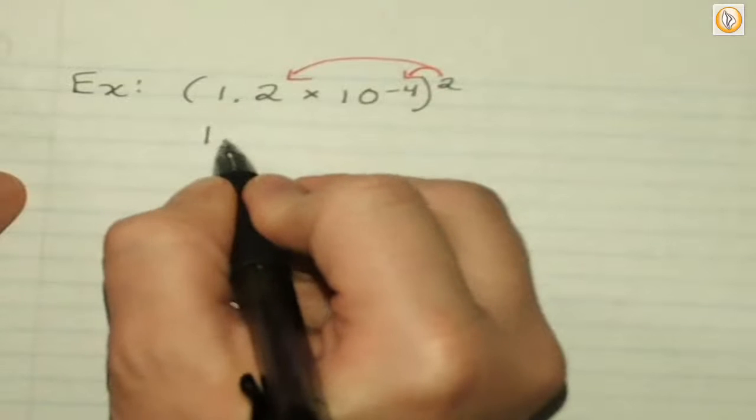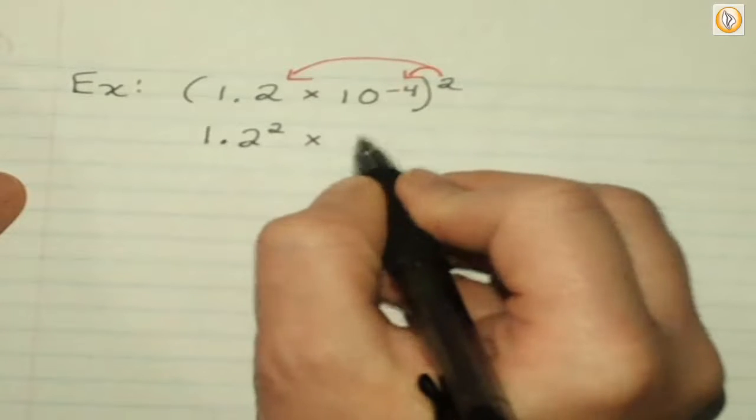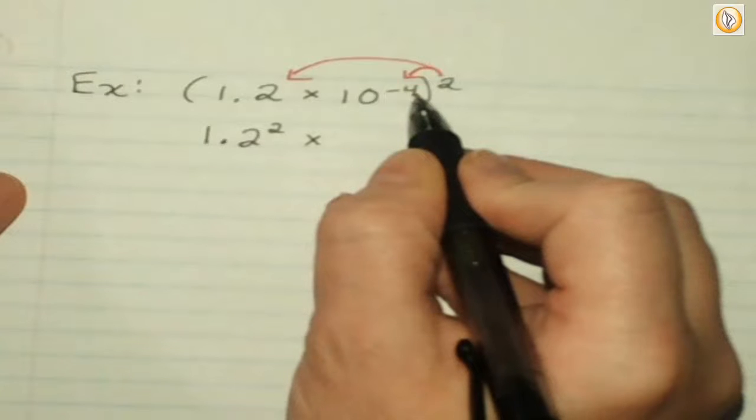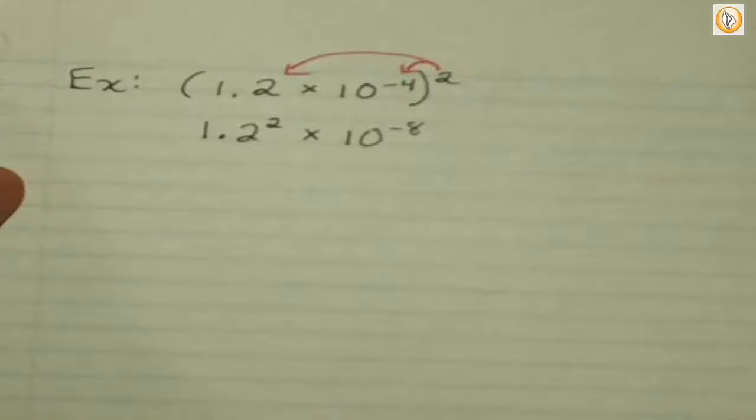So then you have 1.2 squared times, what's 2 times negative 4? Anyone? 10 to the negative 8. Good job. See, that's not bad now.